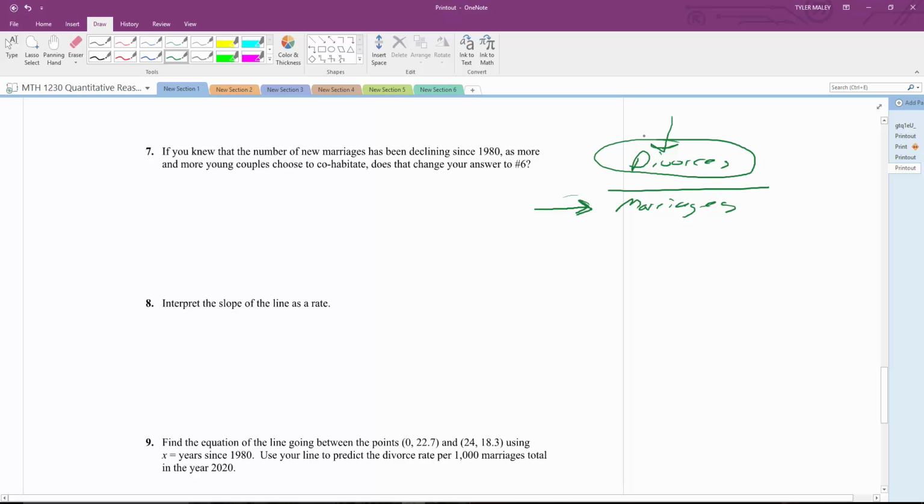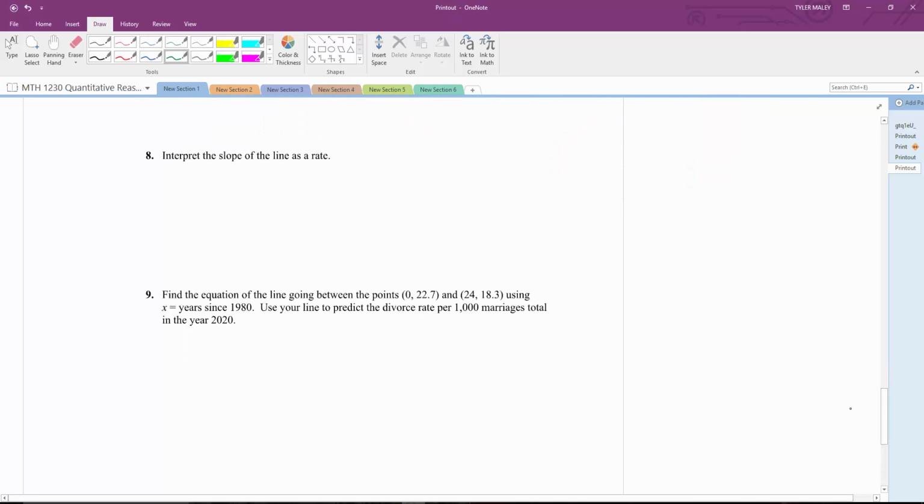So as we were saying, no, it doesn't necessarily change my answer. So no, doesn't change, right? We would need to see what's going on with divorces, right? Because that rate could still be going down, right?